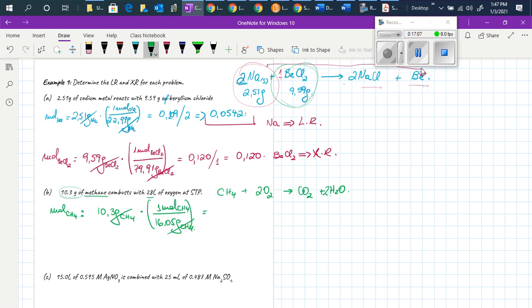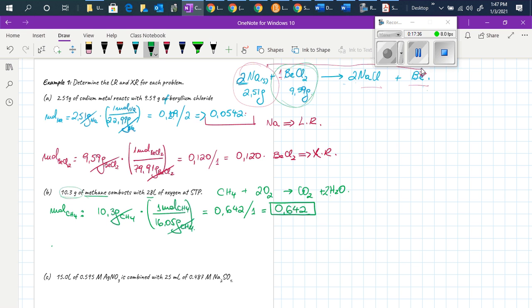So grams and grams cancel out, and then we have 0.642. This is divided by the coefficient of 1 that is near methane, and we have 0.642 as the moles participating in the reaction.